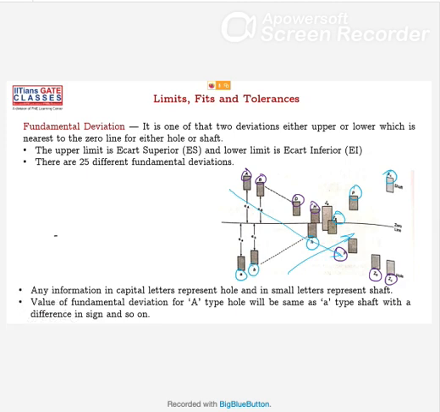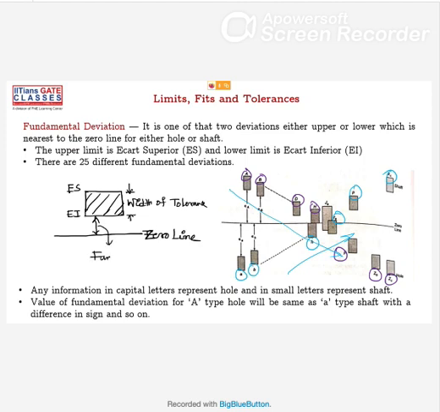So this is your simple basic line, or zero line, or baseline also. If you have some width of tolerance here, this is ES, this is EI, this is your width of tolerance, and this is your fundamental deviation.